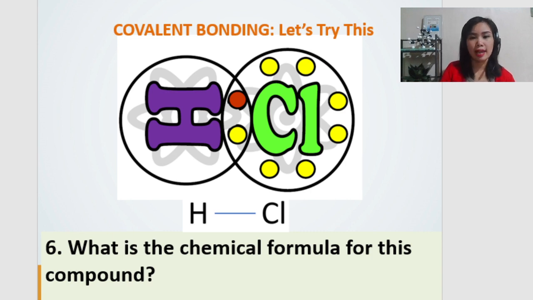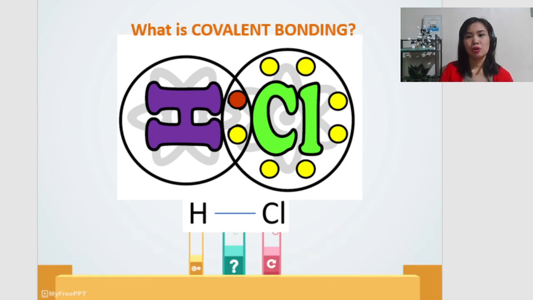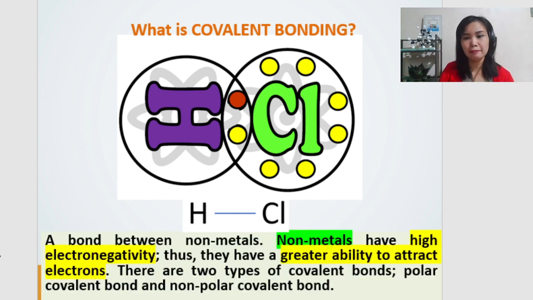Okay? Next. So, what is covalent bonding? Of course, you already have a hint. It happens between two non-metals. And of course, there is no giving and no gaining, but both of them are what? Sharing. Okay?